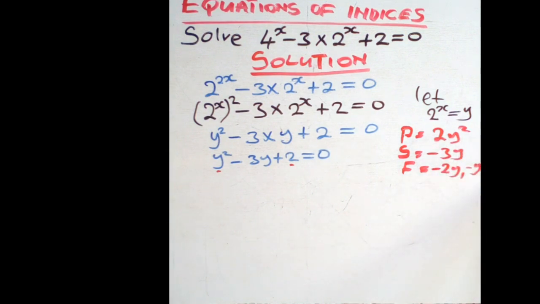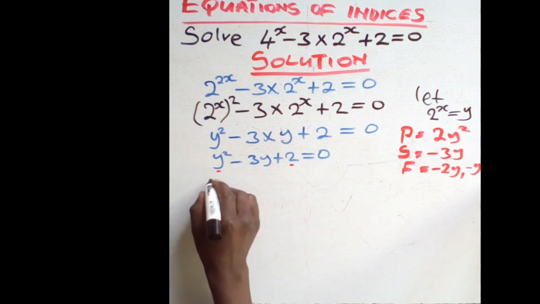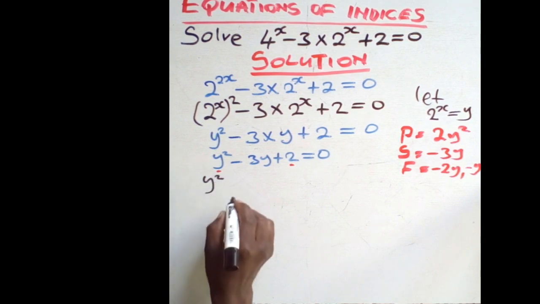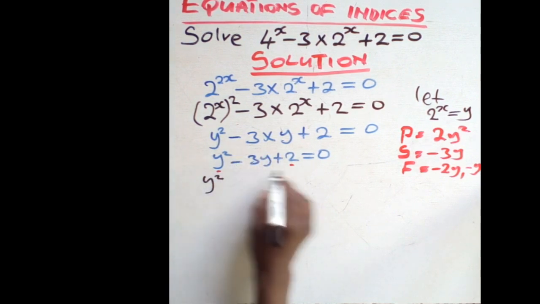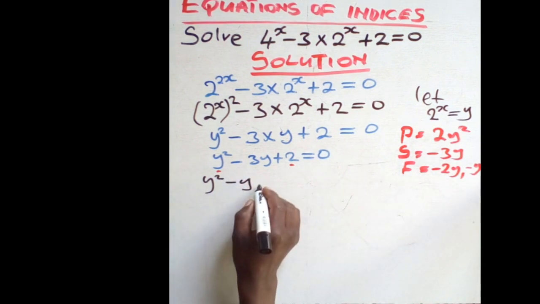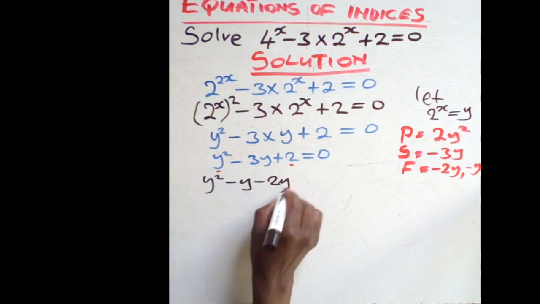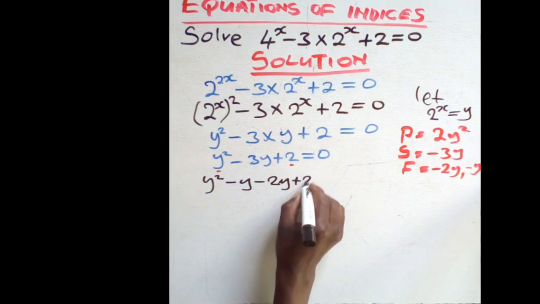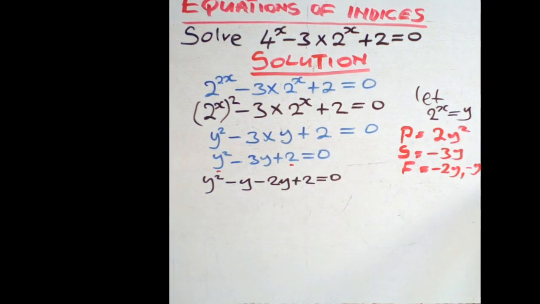When that is done, you can now substitute. So at this point you still have y to the power 2. This sum, we substitute it with that. So minus y, then minus 2y, then plus 2 equals 0.